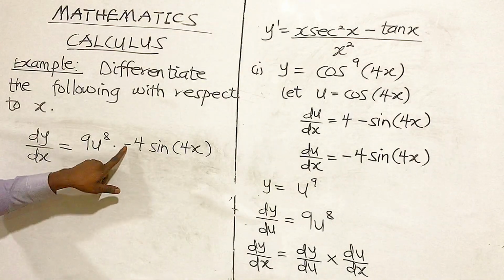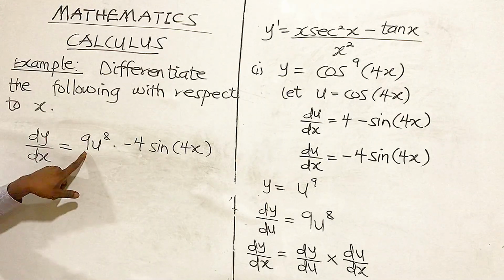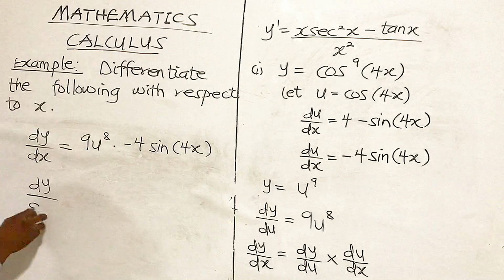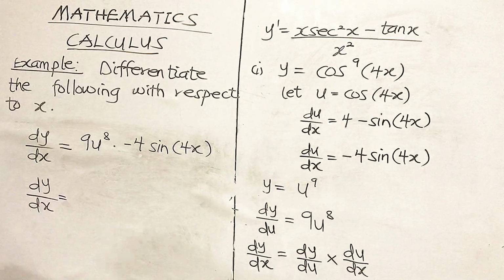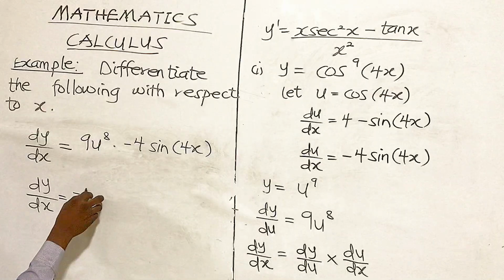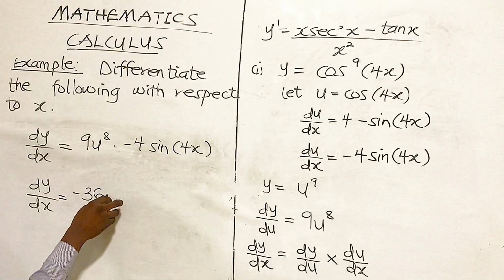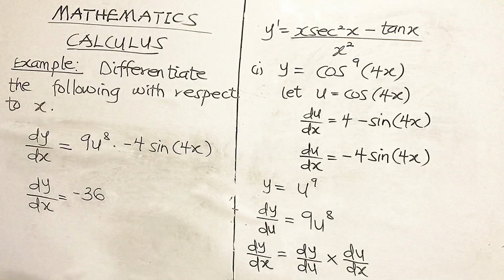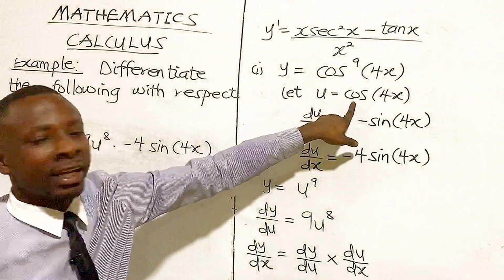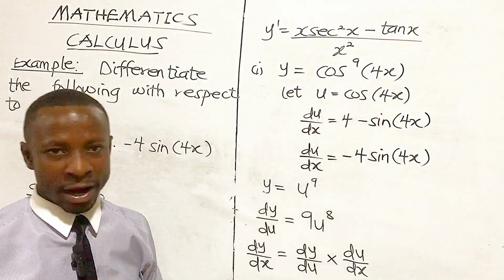So now we are going to multiply the negative 4 by the 9 we have here, and negative 4 times 9, we are getting negative 36 u power 8. And we have u here to be cos of 4x.